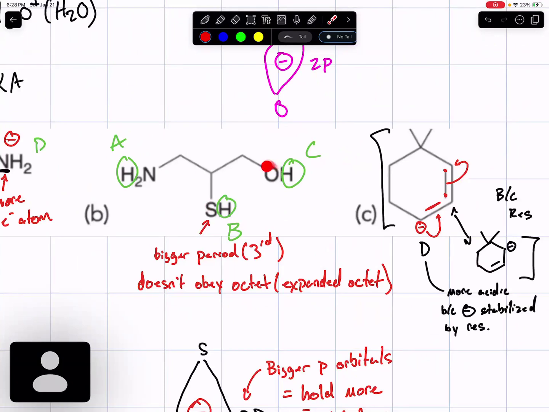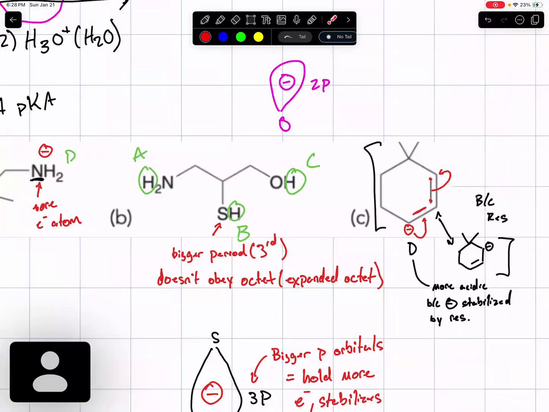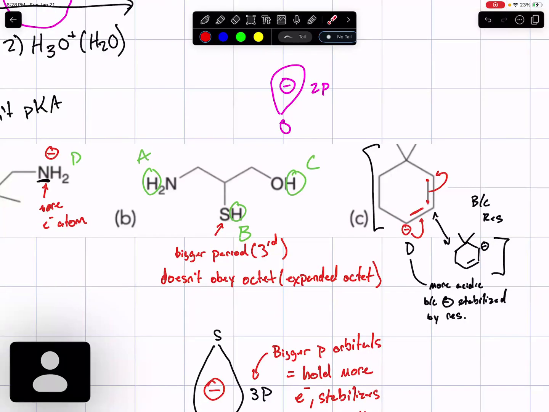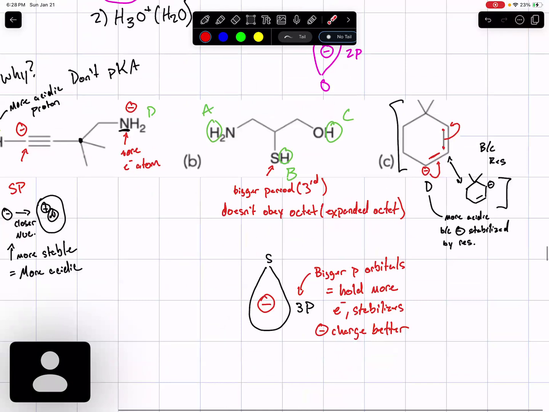We know that oxygen is much more electronegative than sulfur, although sulfur is in the third period, meaning that it has a bigger p orbital. That bigger p orbital can technically have more electrons. That's what we call an expanded octet, and therefore it doesn't obey the octet rule. And since it has a bigger p orbital, it's going to have much more room to hold that negative charge. So it's going to be more acidic on sulfur.